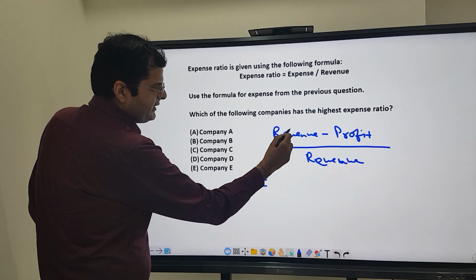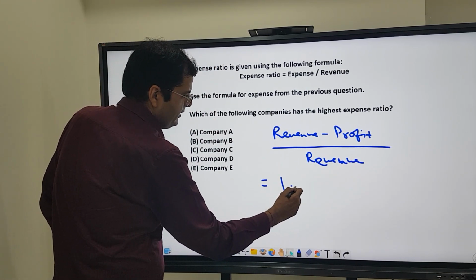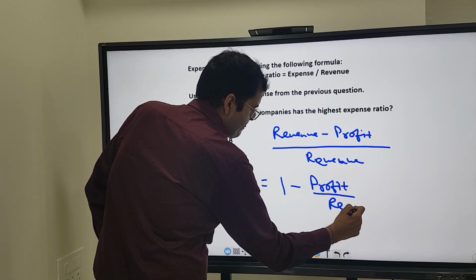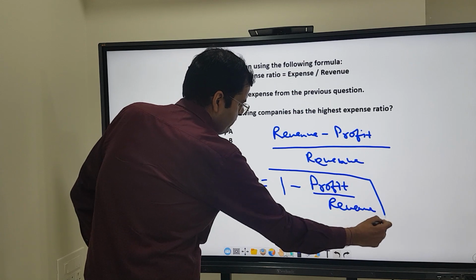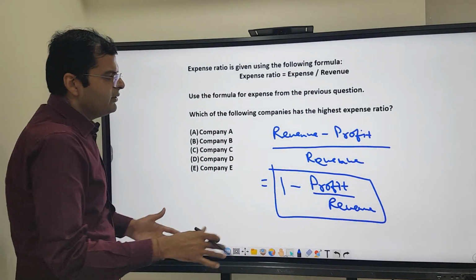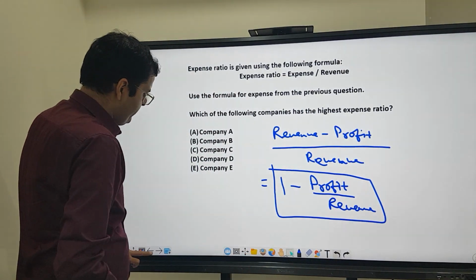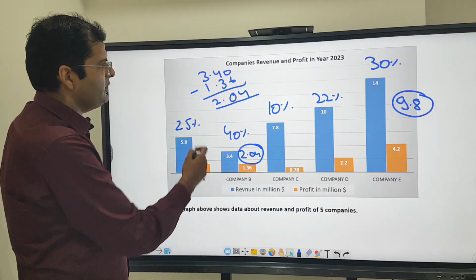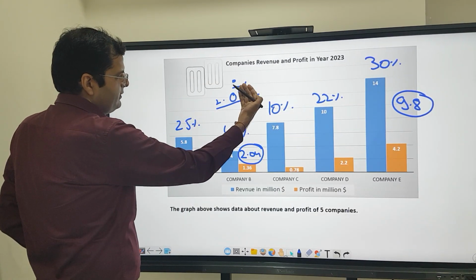This can be further written as revenue upon revenue, which is 1, minus profit upon revenue. And what is profit upon revenue? In terms of percentage, that is the profit percentage. That is what we have already calculated, and what we have written at the top of the bar.